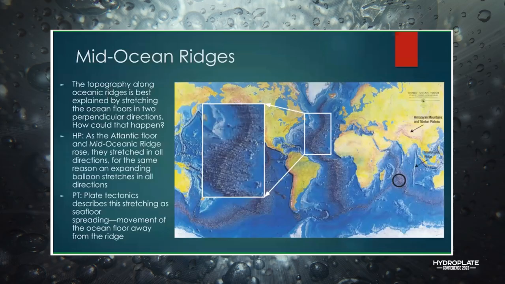And you can see there's a little bit of a magnified version of an area there that shows on the Atlantic seafloor how there are these fracture zones, and there's also this cross hatching that shows that it was not a result of seafloor splitting in just two directions, east and west, but it actually was a full two-dimensional spreading as that whole seafloor rose up and formed these rifts.